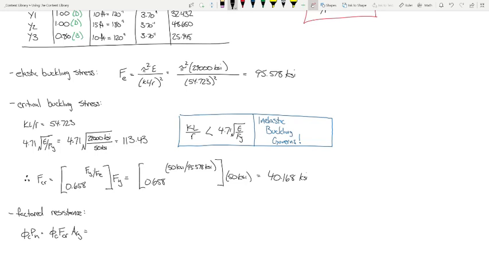So we have 0.9 times F critical, which is 40.168. And then what was the gross area again? 26.5.